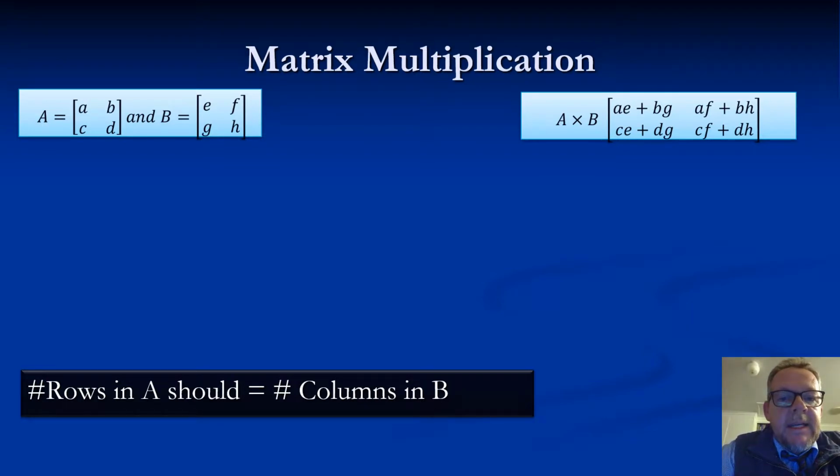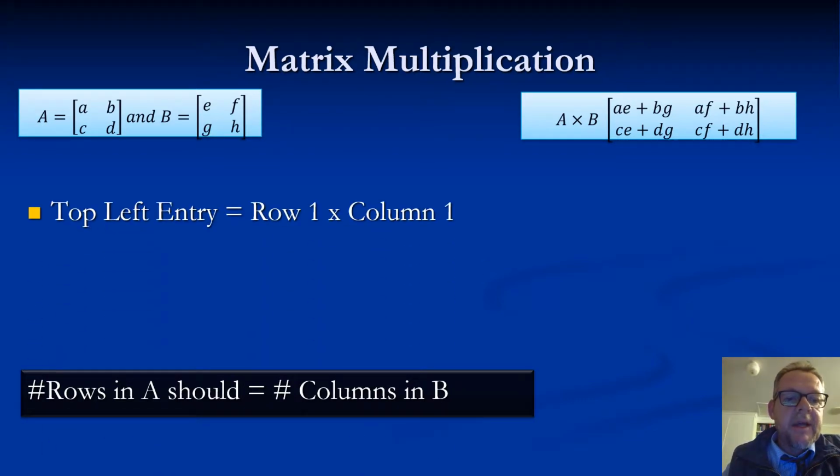It's quite an interesting thing to do. When we think about matrix multiplication, we're going to multiply the rows by columns.